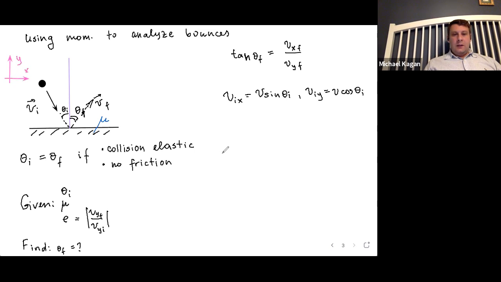And then let's see what happens. We basically need to zoom in onto the collision with the wall, with the floor. So on the x-axis, we have the friction force. Let's zoom in.